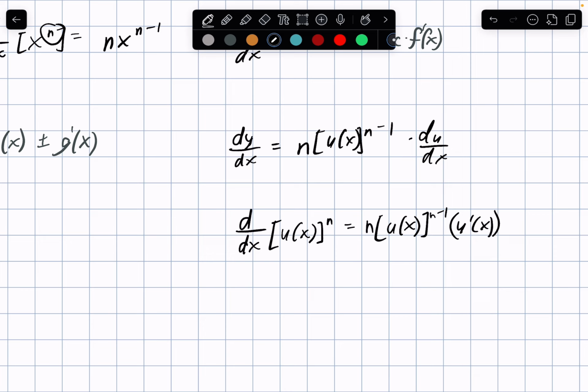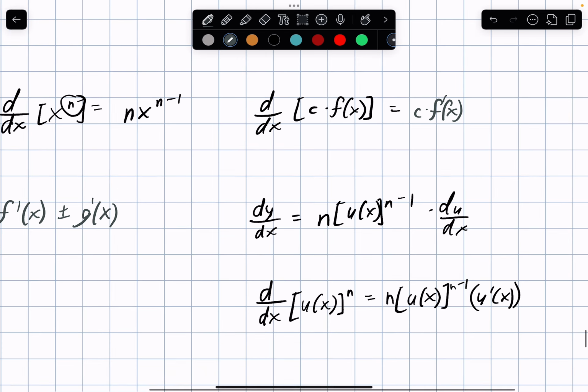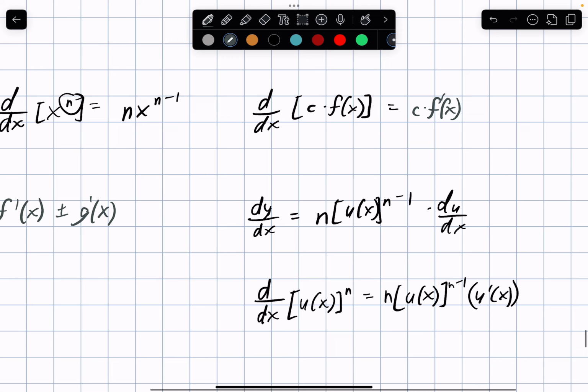Okay. Yeah, it's essentially the same thing as earlier. But you multiply it again. You multiply it to the derivative of what's inside, the derivative of u of x.